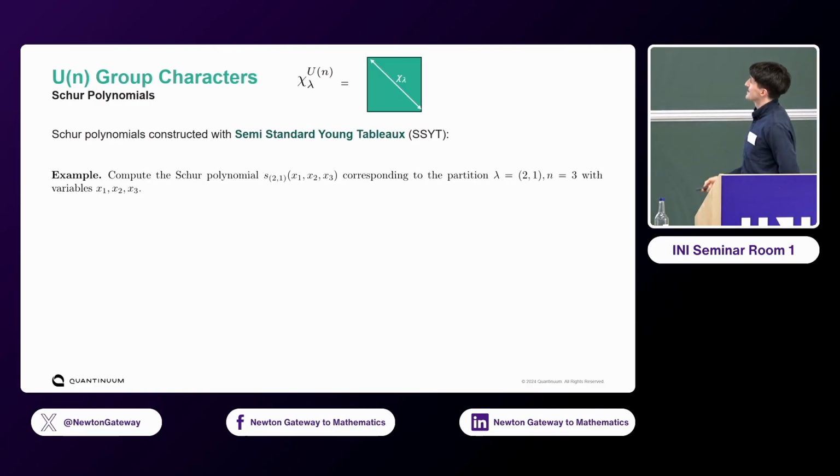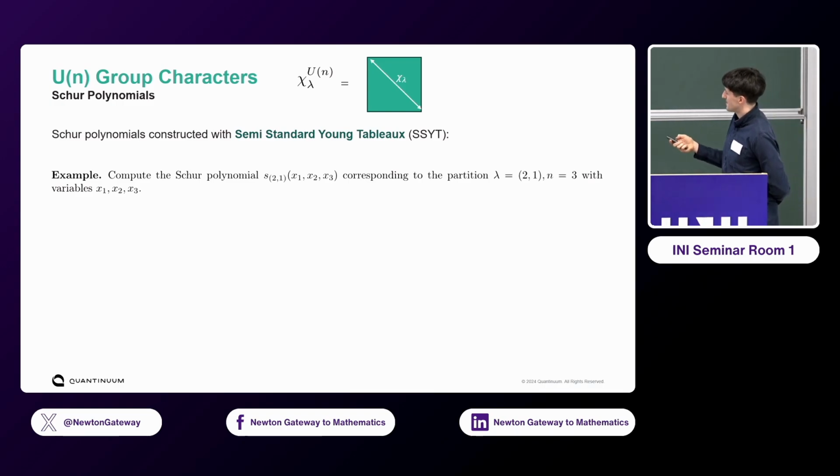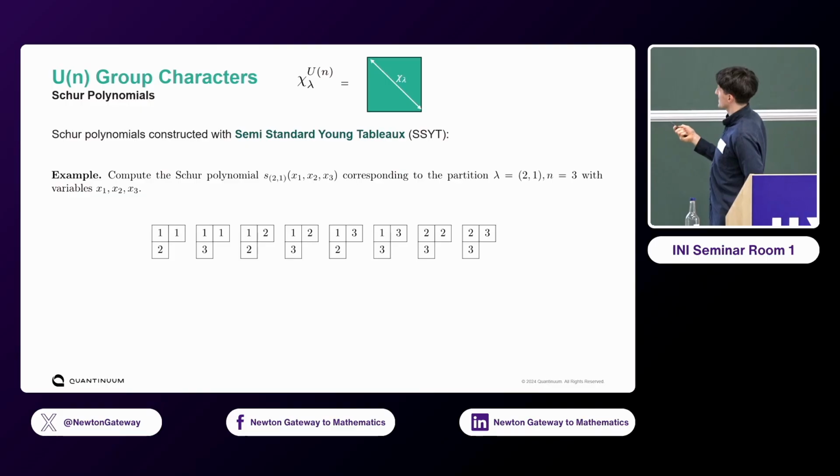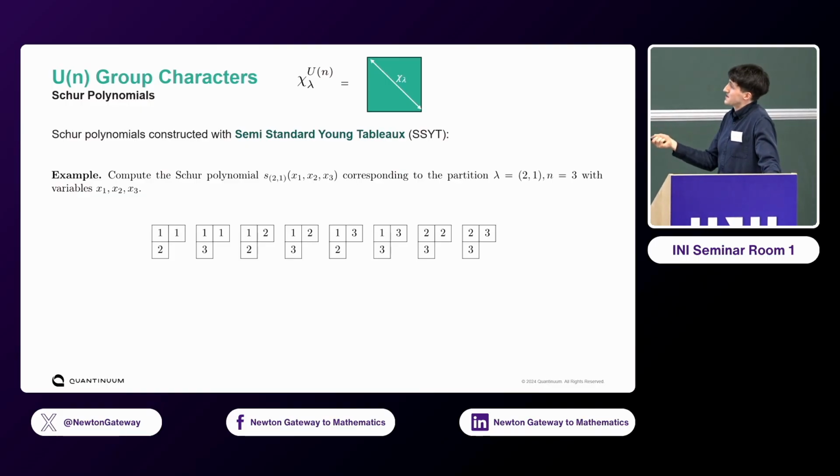In this example, the irreps of U(N) can be indexed via these partitions, and here we have U(N) with N equals 3, which means we have 3 variables in our polynomial. We fill up these Young diagrams, which index the irrep, in all possible ways where we weakly increase across the rows and strictly increase down the columns.